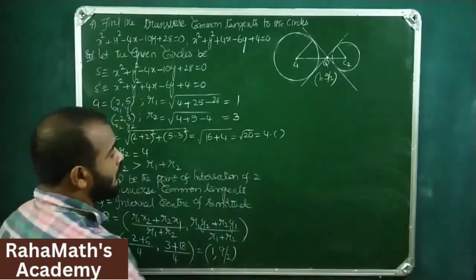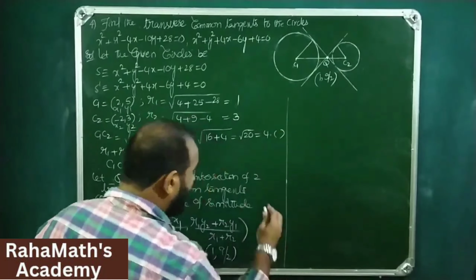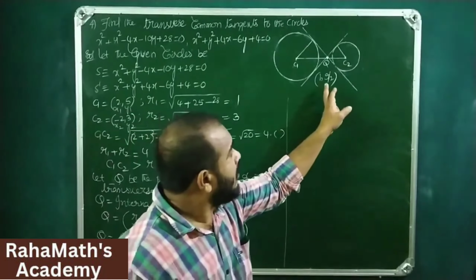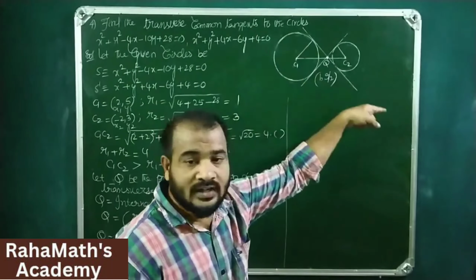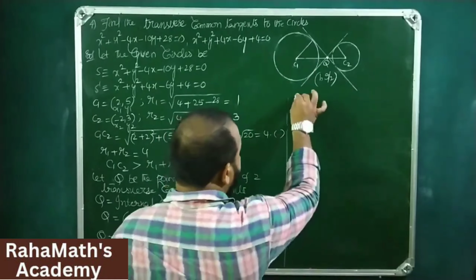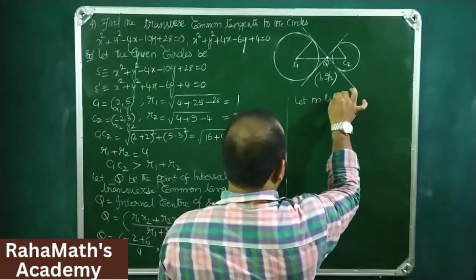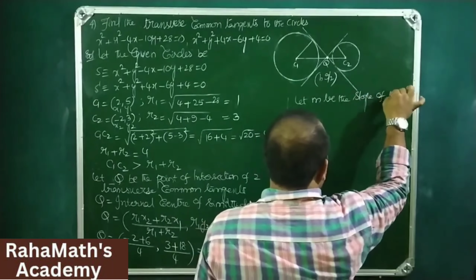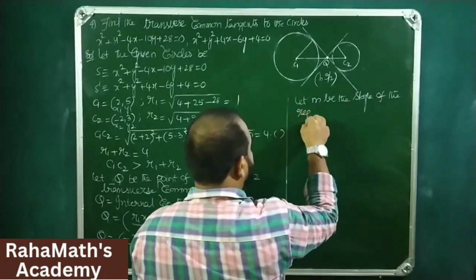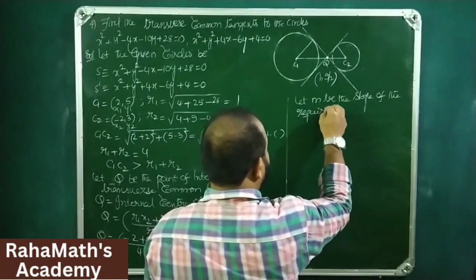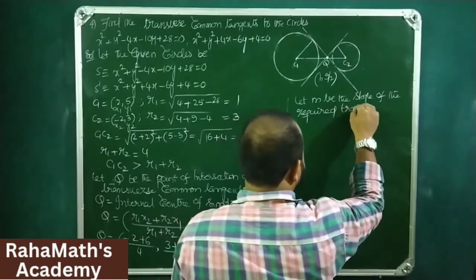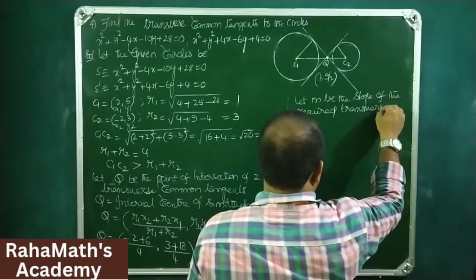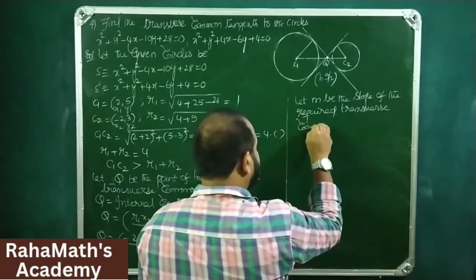Now what do we require to find the transverse common tangents? Let M be the slope of the required transverse common tangents.